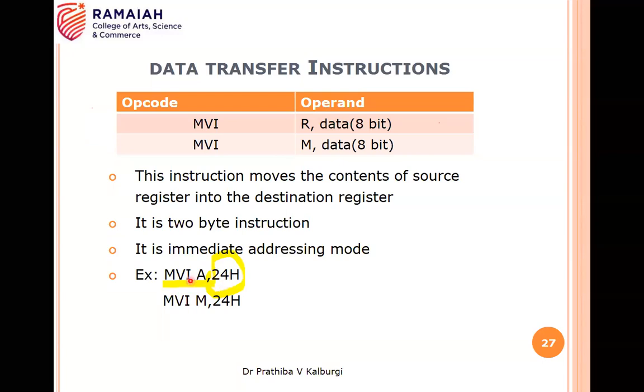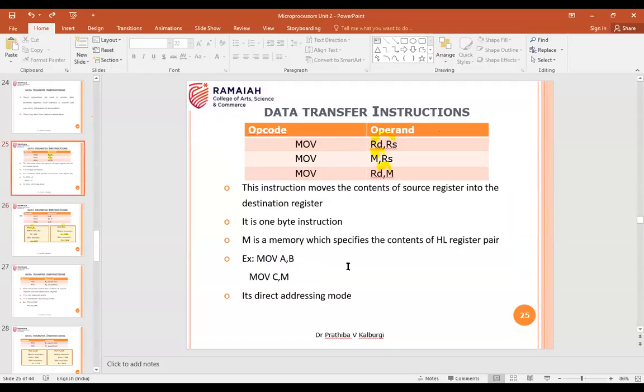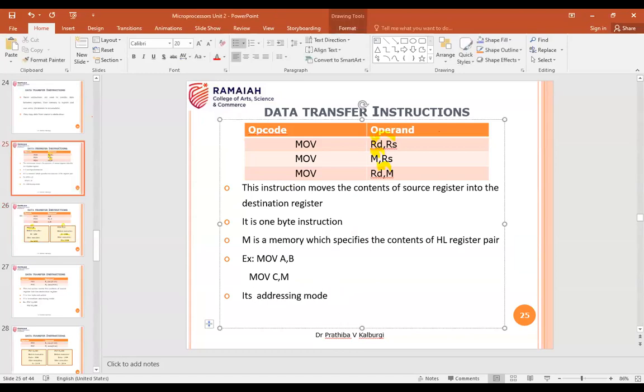Whereas your move instruction comes under your register addressing mode as well as the direct addressing mode. We can write it as register addressing mode, as we are dealing only with the registers. Fine.